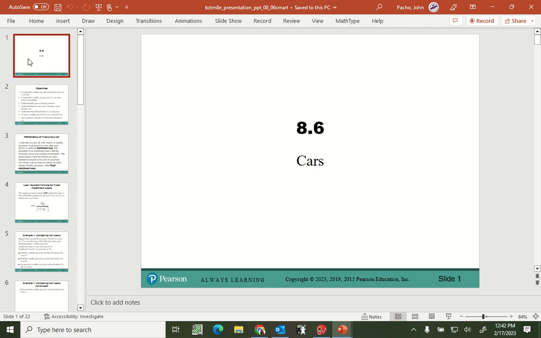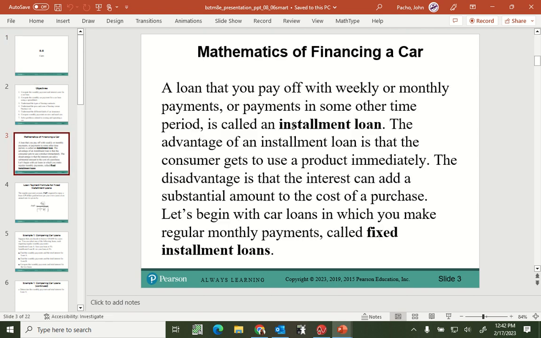So this is page number 17, right? For those people following along, it is page 17. All right. So mathematics of financing a car. A loan that you pay off with weekly or monthly payments, or payments in some other time period, is called an installment loan. The advantage of an installment loan is that the consumer gets to use the product immediately.